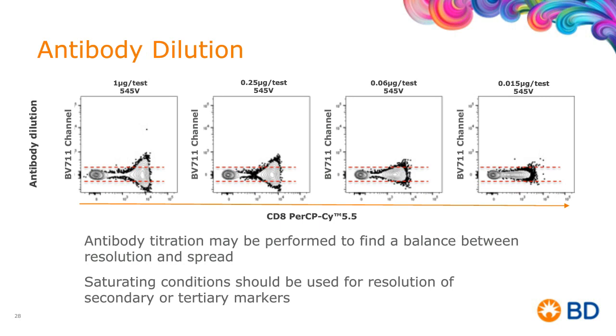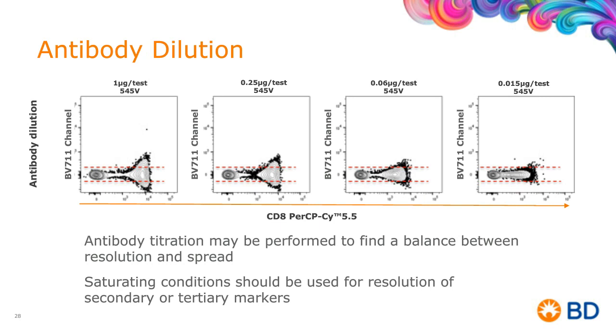Again, when we're looking at things like CD8 and CD4, those primary receptors that are gating ones, we can use these colors in different ways than we can for the many other receptors that are buried in our very large cocktails, if we choose to in this way. And in another way too, it's a way to use less antibody, especially in those big lineage markers. But always be careful.